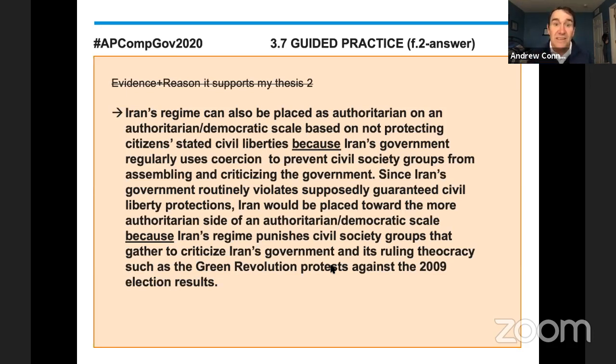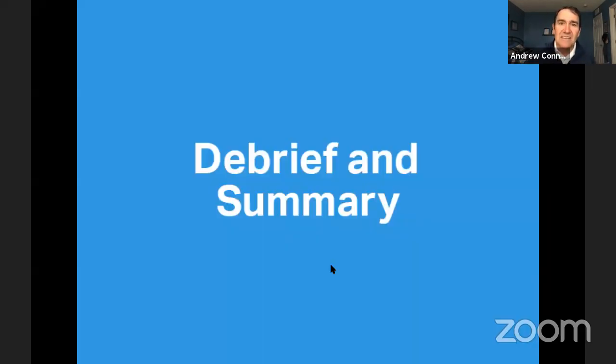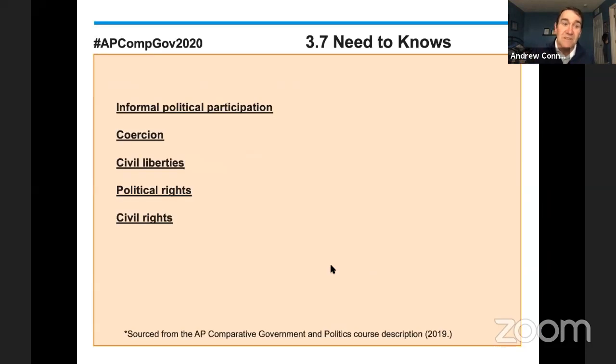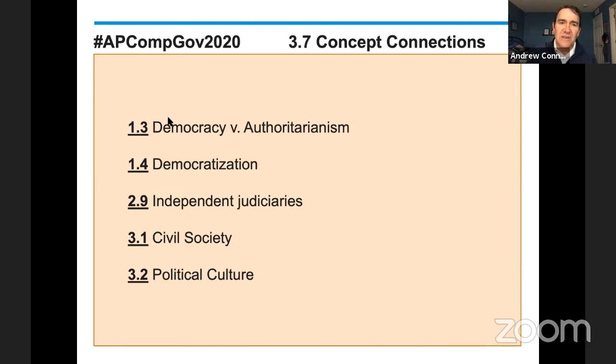So be complete, but make sure you're answering to that prompt, and make sure that claim is connected to the prompt, and make sure you put that concept in. So again, we're looking at civil liberties, political rights, civil rights, the use of coercion, particularly directed at that informal political participation, as we look at how governments treat civil liberties, specifically civil liberties.